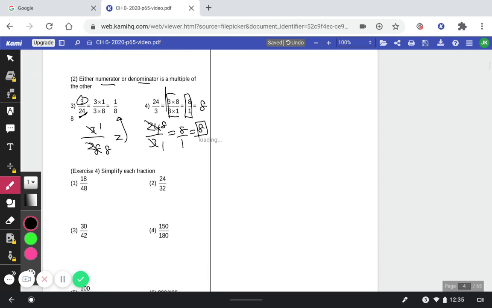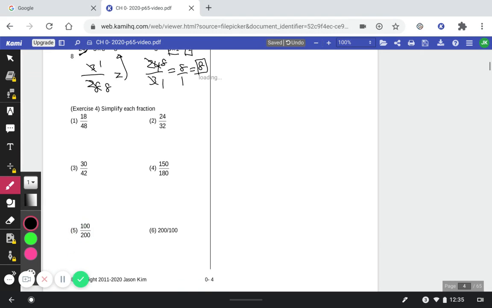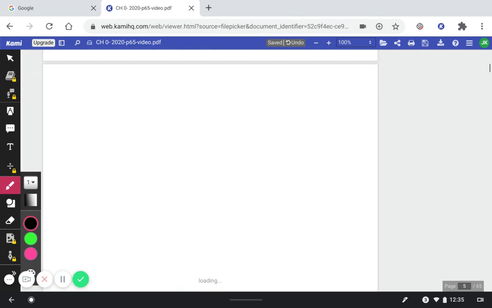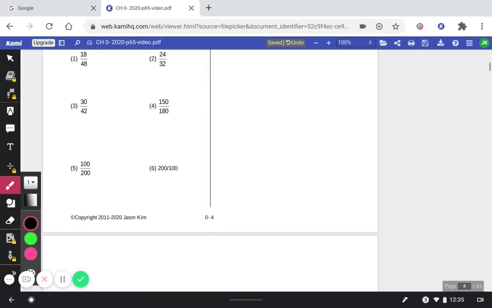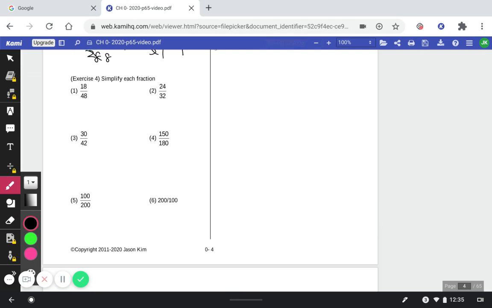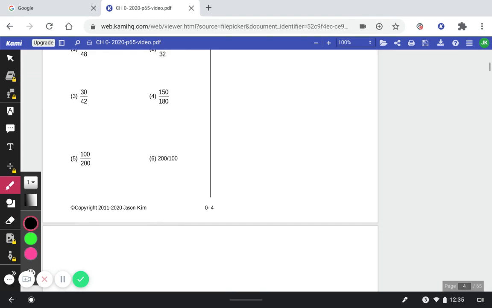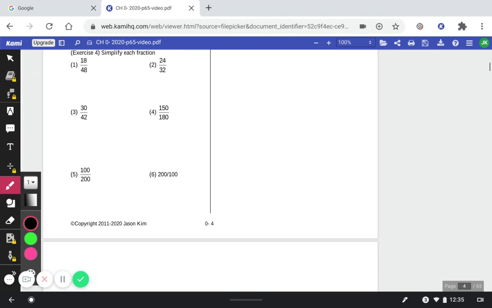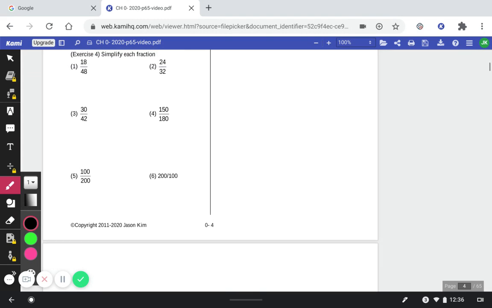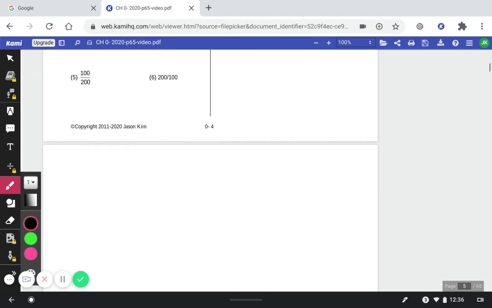So let's do some exercises. Simplify each fraction. Number 1 is 18 out of 48.